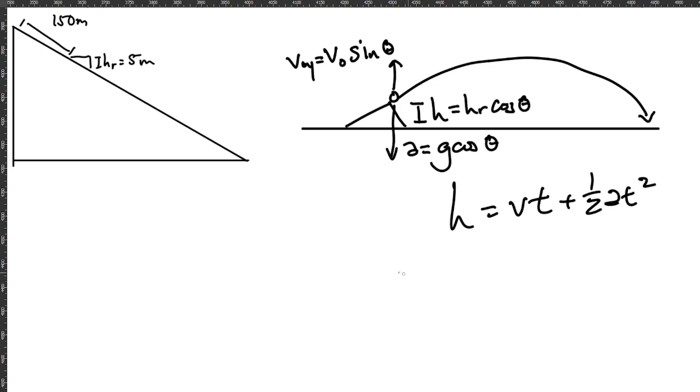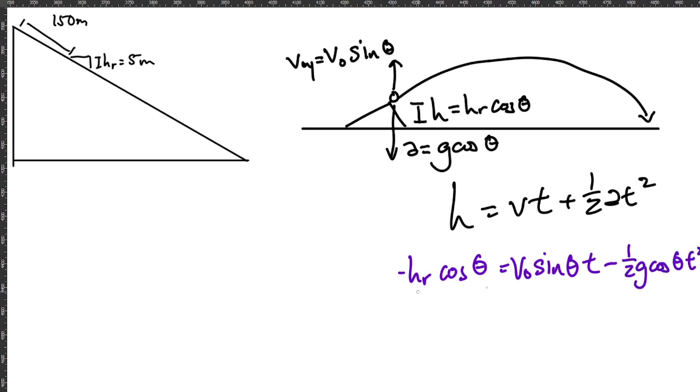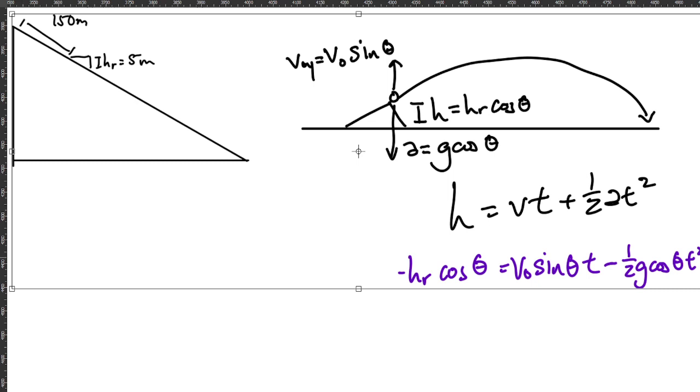So that means that we have negative hr cosine of theta is equal to v naught sine theta t plus, or minus actually, because we have a negative acceleration, right? Minus 1 over 2 g cosine theta t squared. And this is why I said I needed more space. Alright, this is great. This is nice.